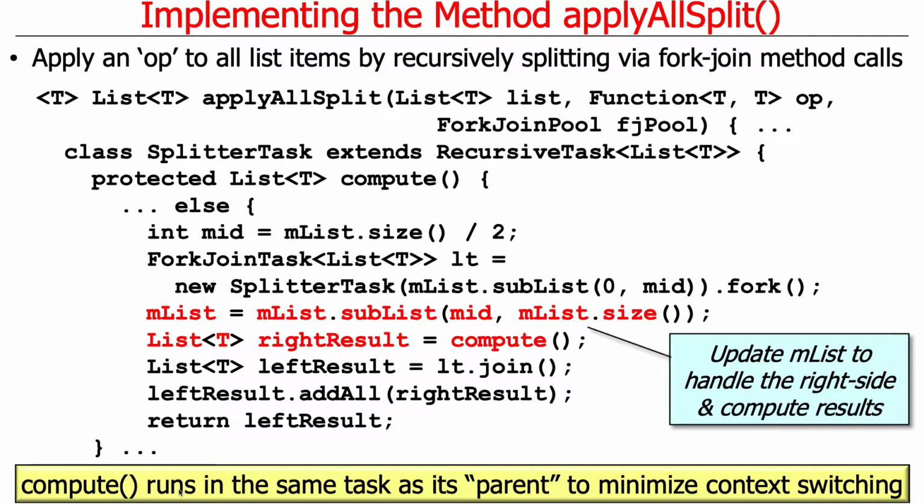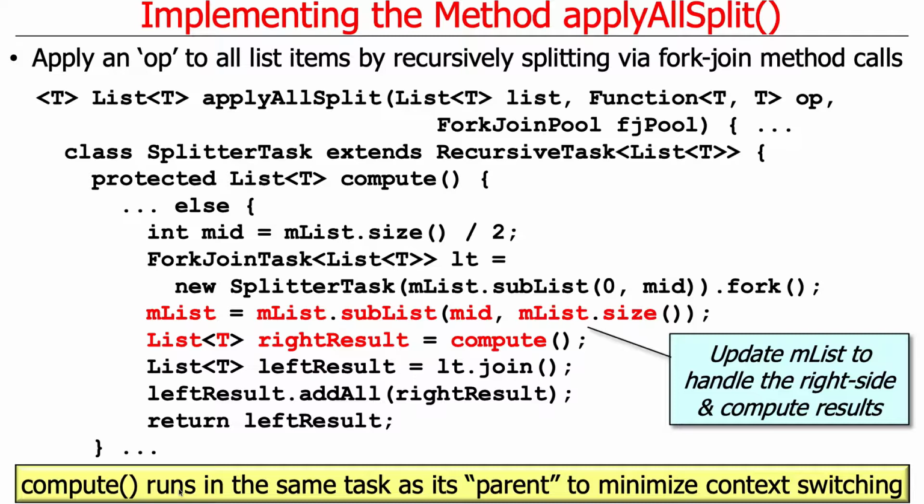This guy right here handles the right-hand side of the list. And then we go ahead and we call the compute method recursively, right? We're in compute already. And now we're going to update the list. So we have half the list. And now we call compute on this object, which is now the right half of the list. And that will go ahead and recursively call this thing.